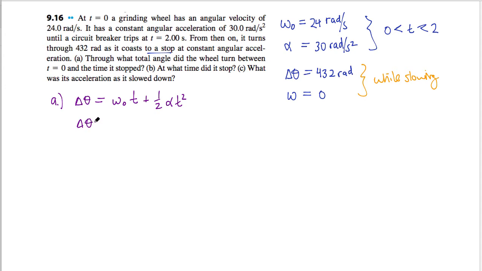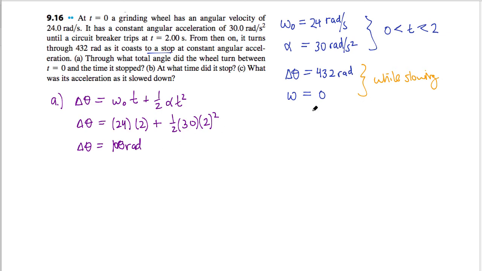So my delta theta for this 2-second interval is going to be 24 radians per second times the 2 seconds for which it is accelerating, plus 1/2 times my angular acceleration of 30 radians per second squared, times my 2 seconds again squared. So the angle that I rotate through for just this 2 seconds is 108 radians. So that is the portion for the first 2 seconds.